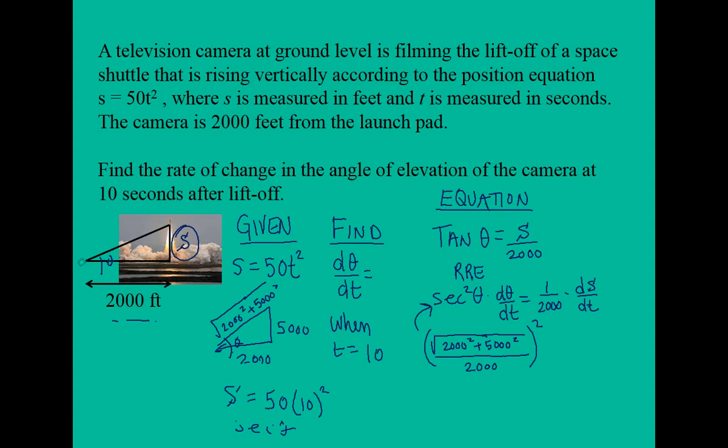And d theta dt, that's what we're trying to solve for. So we'll still have our d theta dt equals 1 over 2,000 times ds dt. And ds dt, if we look back here at our given, we have S, so ds dt would be 100t.